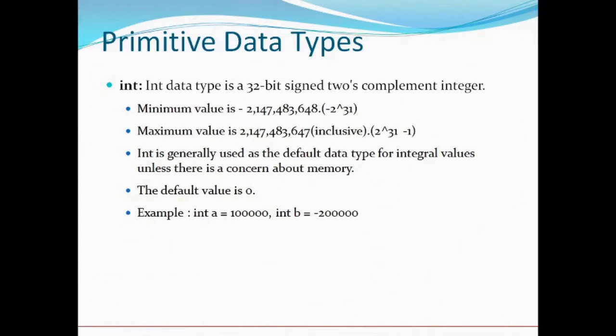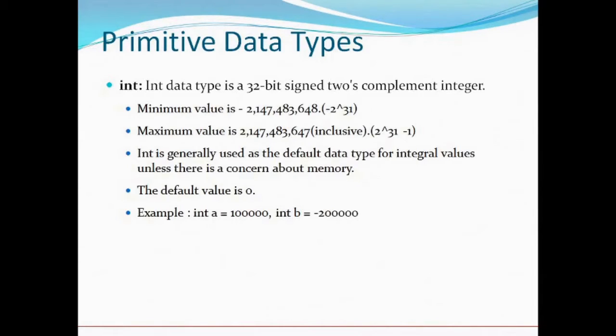For 2's complement integer, if you want to find out exactly what it means, you have to search through the Morris Mano books of computer organization and system software. So what are the minimum values? There's a huge range of negative to positive values that can be held by an integer variable.